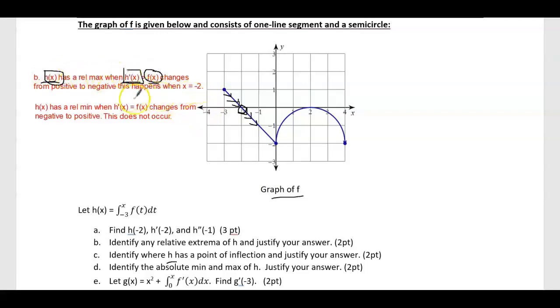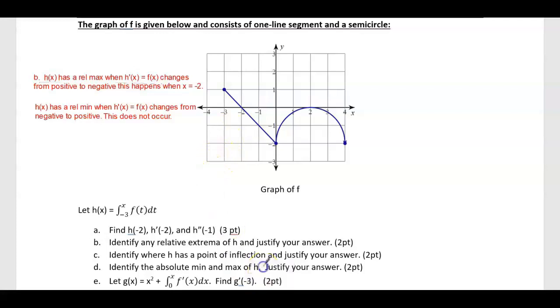So that's their relationship. So it's important that you include this statement here, that h prime is equal to f of x. You're going to need to make reference to both functions in your explanation.